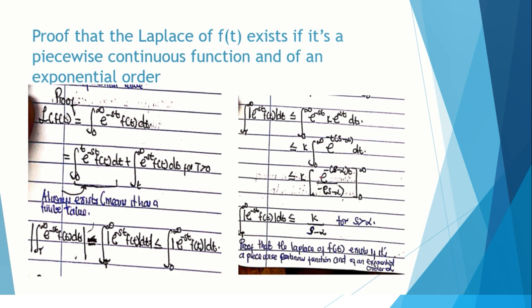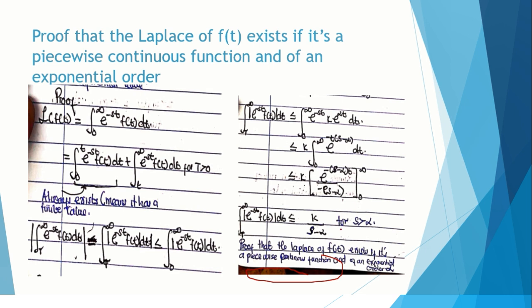When we integrate normally, we see that for the integral from t up to infinity, the modulus of that function is less than or equal to k over (s-α), for values of s greater than α. We have to note this: for values of s greater than α, the what? The Laplace transform of f(t) exists.